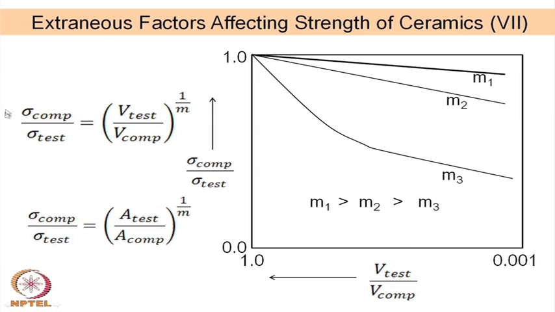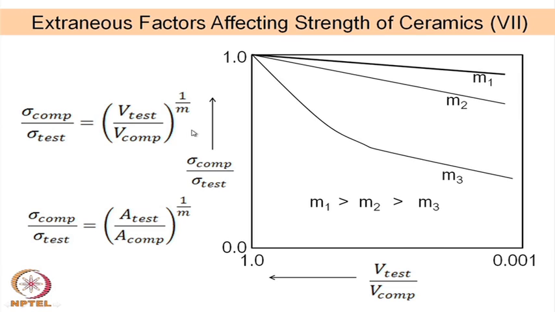This particular relationship has been plotted here, and you can see if the Weibull modulus is larger, then you will get the ratio very close to 1, irrespective of this test specimen volume ratio. Whereas, if the modulus is low, that means the spread is more, and you have a less representative measurement to carry out.